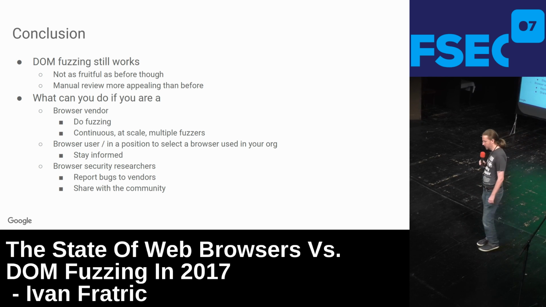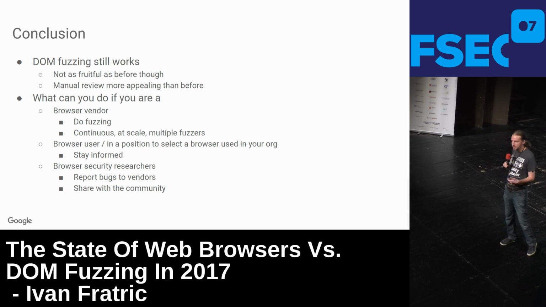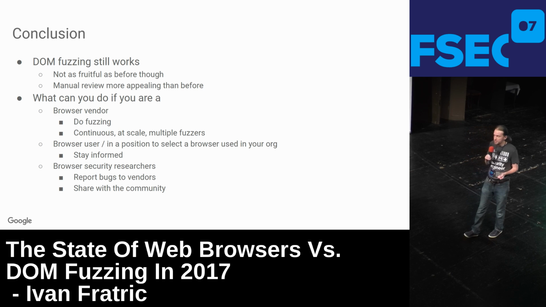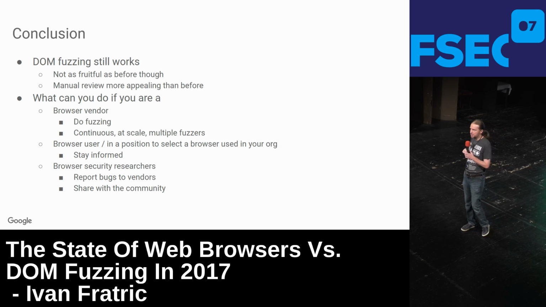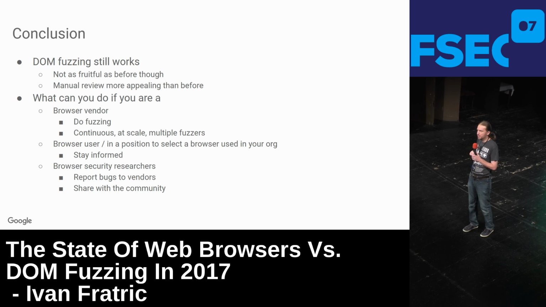If you are a browser user, or if you're in a position to select a browser for your organization, please try to make an informed decision, which I realize is very, very difficult because there is just not that much objective information out there.